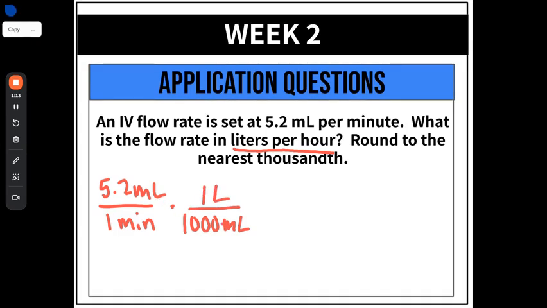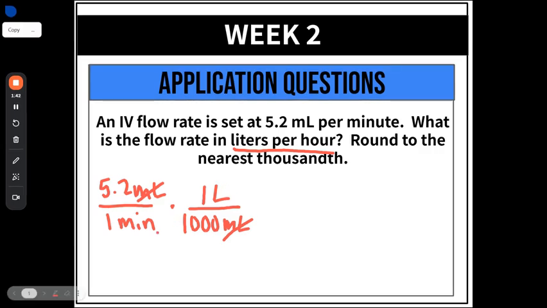When I multiply by something that has the same units on the top and the bottom, that actually cancels out these units. So I'm one step closer to getting to liters per hour because I already have liters on the top. Now, the question remains, how do I get to liters per hour? Because as it stands, I'm at liters per minute.